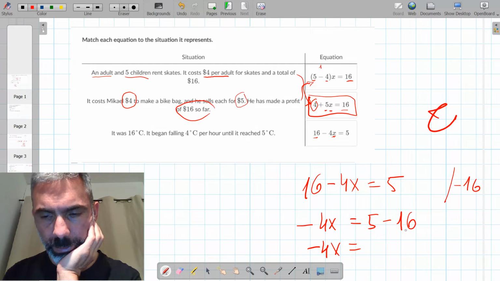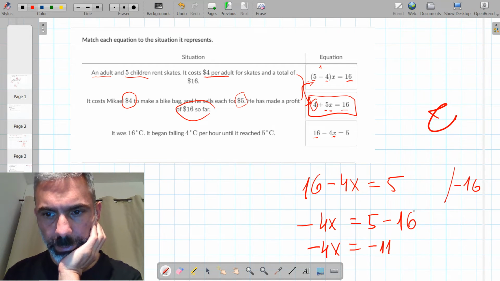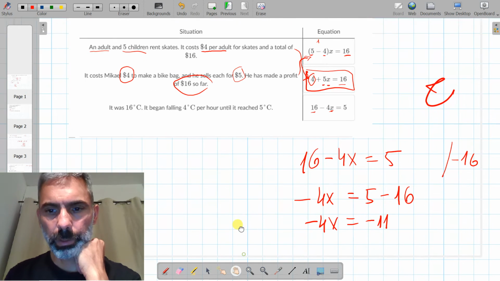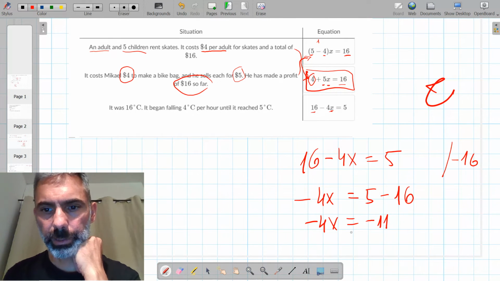The result is the distance between them, or the difference between them. So 16 minus 5 is 11, and the result is negative because minus 16 is the greater between these two numbers. Okay, so minus 4x equals minus 11.